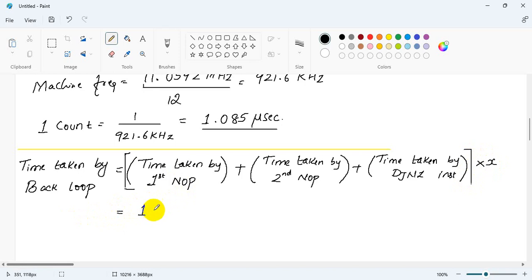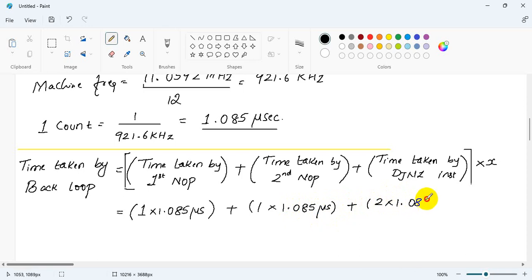It takes 1, and 1 count is 1.085 microseconds, plus 1 into 1.085 microseconds, plus the time taken by this, which is 2 into 1.085 microseconds, multiplied by X.